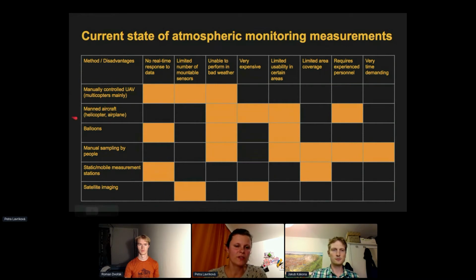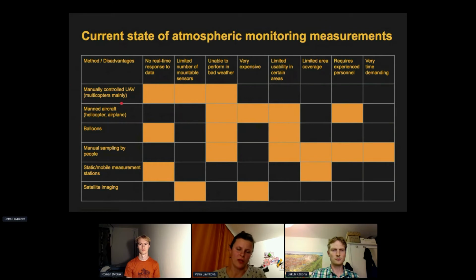And then we have this group of manned and unmanned aircraft. Manned aircraft have an important advantage of being able to respond to what you measure because they are controlled, they are piloted. But they're extremely expensive and they're not used very often for this reason.